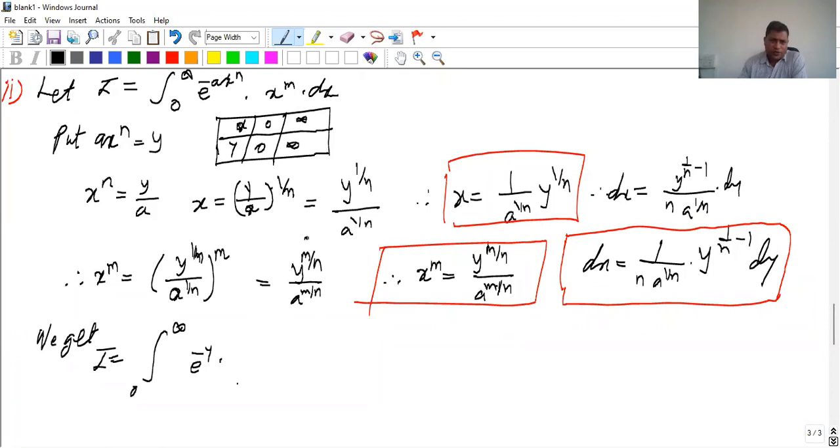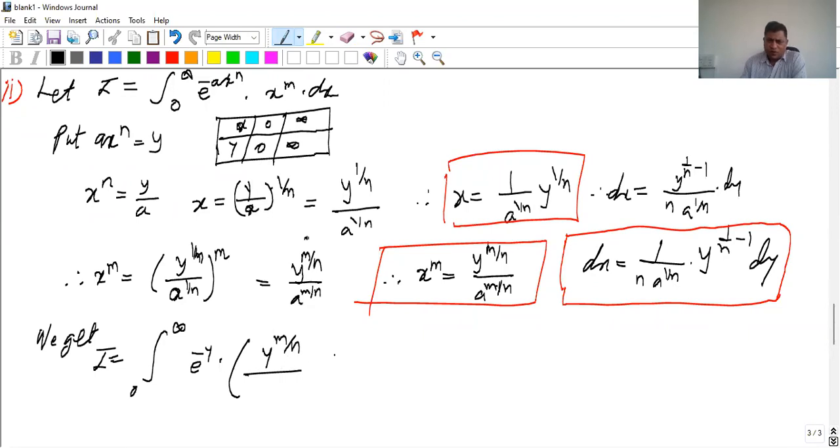Okay, and now exponential term. So this is what we got here. What about this term? So it is y raised to 1 by n, and here it will be precisely n by m. Okay. So we got here y is equal to m by n.